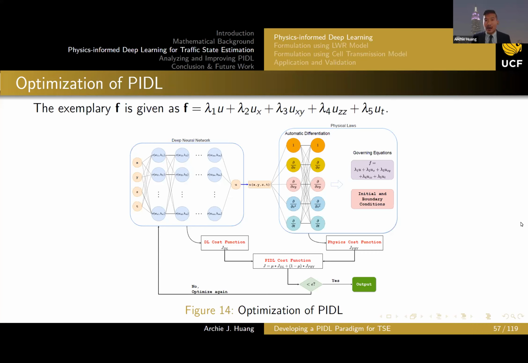And on the right, these parts compute the cost JPHY, which gives how much your estimation is not satisfying the governing equations of physics. In the end, those two cost terms are combined to give us the final, or total, cost function of this PIDL neural network. How this optimization works in the context of traffic state estimation, I'll show you in the next slide.